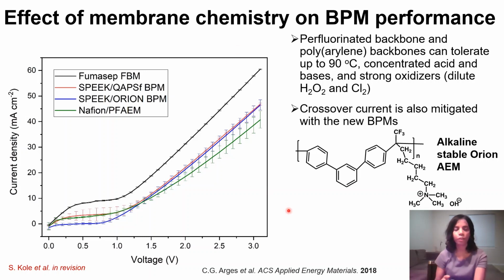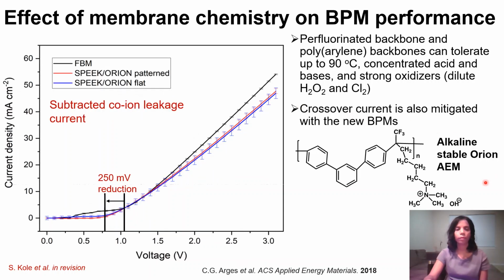So the results show that SPEAK Orion bipolar membrane performed the best in terms of lower onset potential, leakage current density, as well as it has higher overall current density. There is a significant almost 250 millivolt reduction in onset potential for the SPEAK Orion bipolar membranes as compared to the commercial FBM Fumasep membranes.